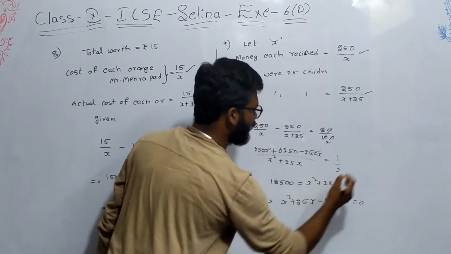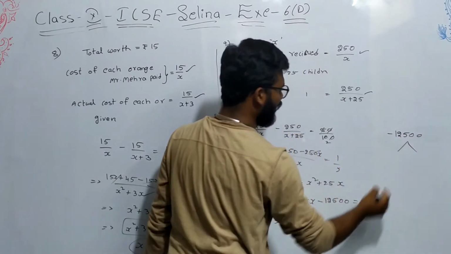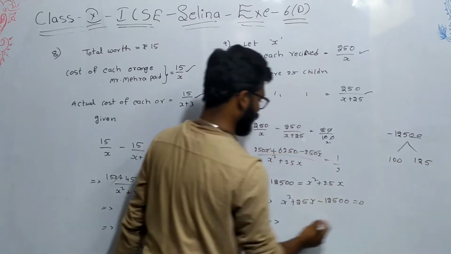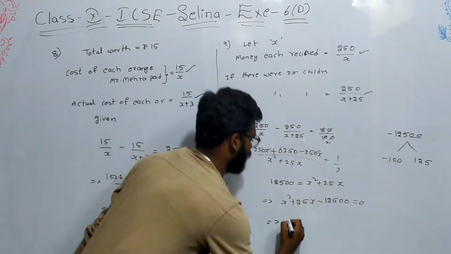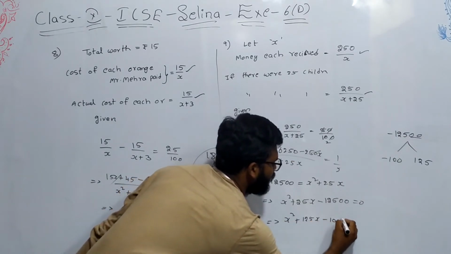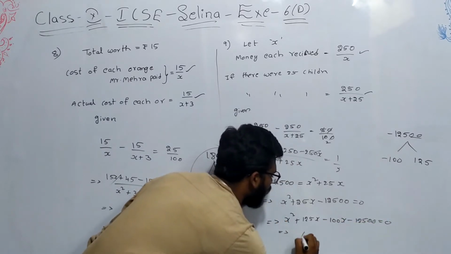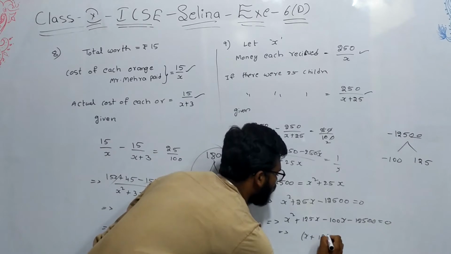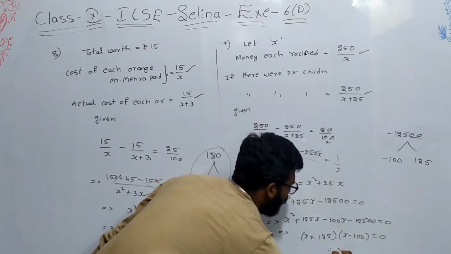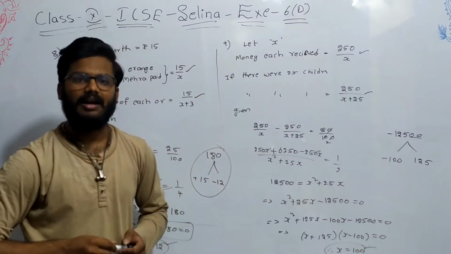So I have to write the factors. If you multiply them, you have to get 12,500, right? So 100 into 125. So it is plus and minus. So x square plus 125x minus 100x minus 12,500 is equal to 0. If you solve this, it becomes x plus 125 into x minus 100 is equal to 0. Therefore, x is equal to 100. Therefore, there were 100 children.